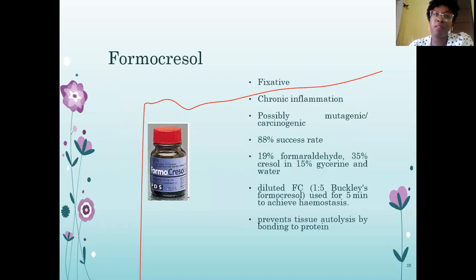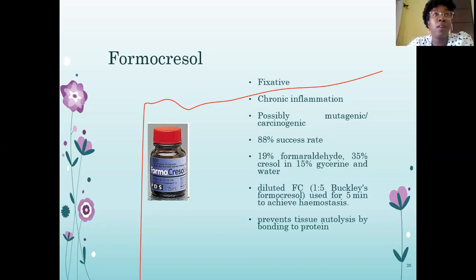So let's talk about the different medicaments that are used for pulpotomy. Some of the properties of formocresol: it's a fixative, it induces chronic inflammation, but the disadvantage is that research studies have shown that it is possibly mutagenic and carcinogenic.